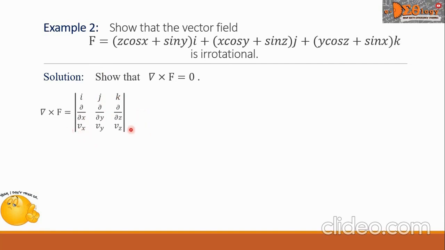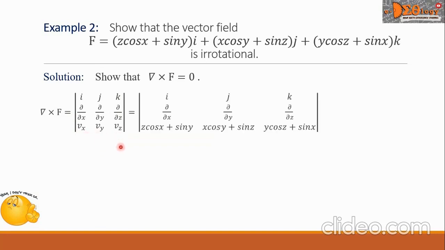The third row are the components of capital F, that is v sub x, v sub y, v sub z. Substituting the values in the third row, the v sub x is the coefficient of component i, v sub y is the coefficient of component j, and v sub z is the coefficient of the component k.